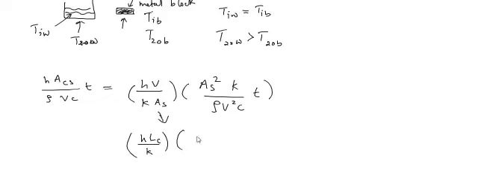And rho Vc over k, okay, we have rho Vc, right? So if you take A squared over V squared and move V to the other side, I'll get k by rho c, so this can be split into three terms.